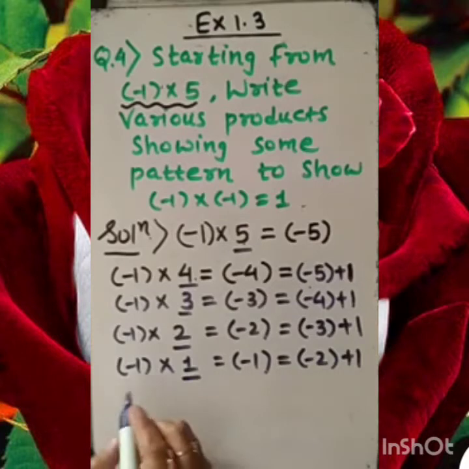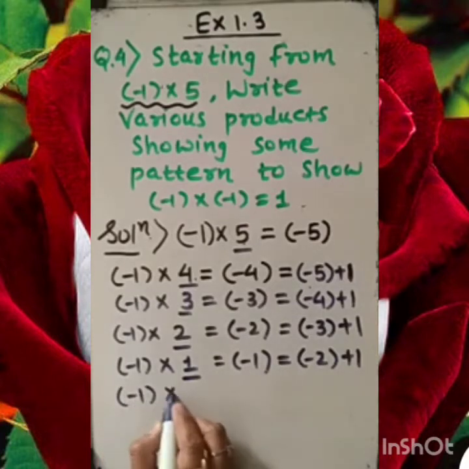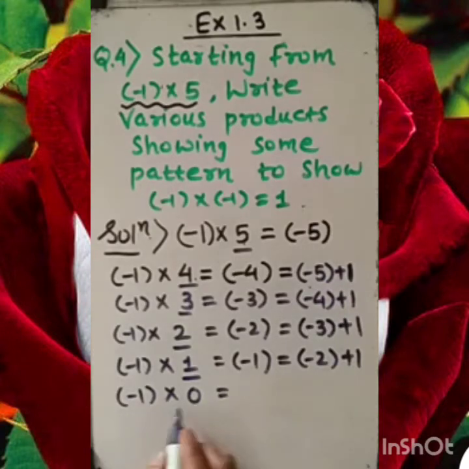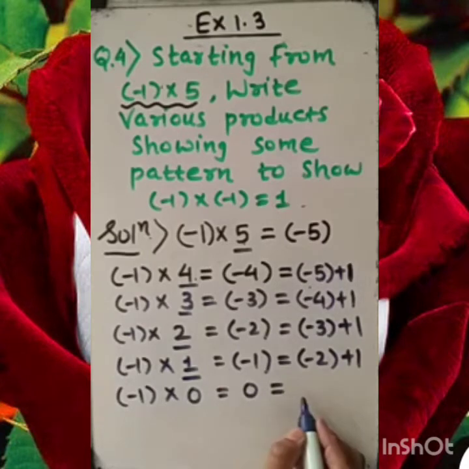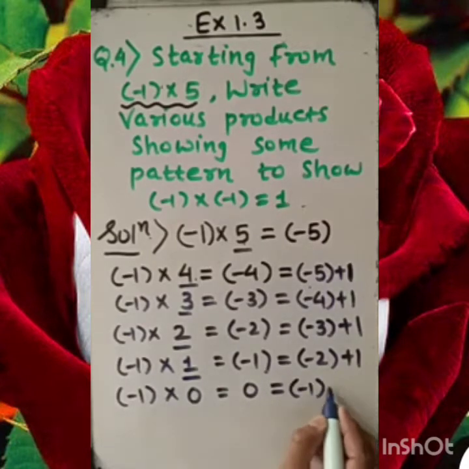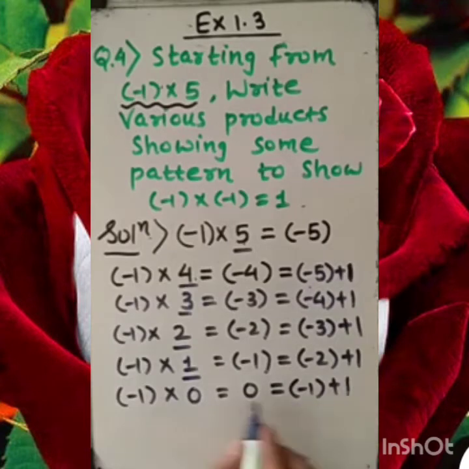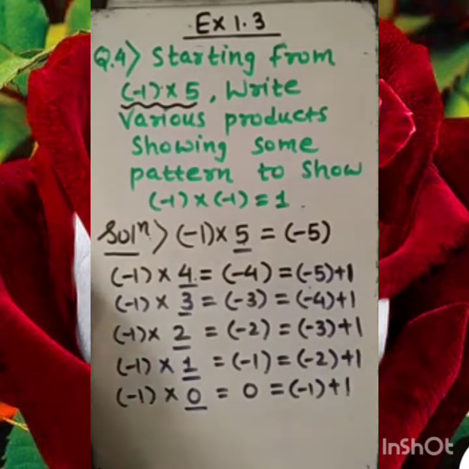One more example I am choosing, minus 1 into 0. Suppose I am multiplying minus 1 with 0. Then of course the answer will be 0. So what should I do here? We know that minus 1 plus 1, its solution is 0. So finally, through all these examples, we can say the result is coming in front of us.